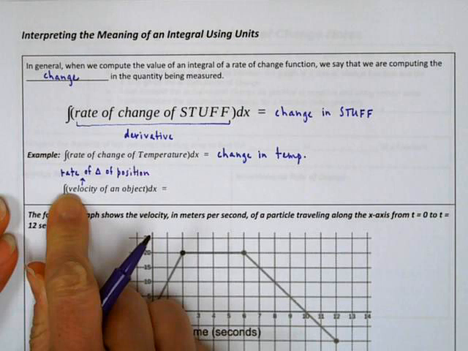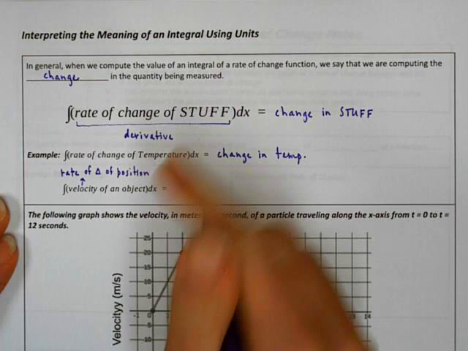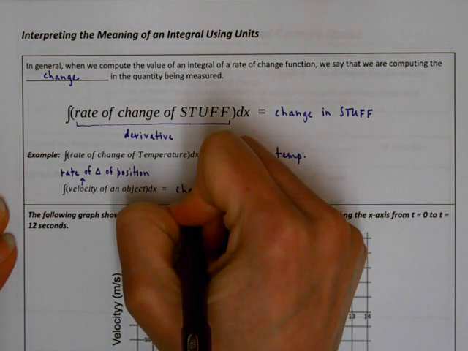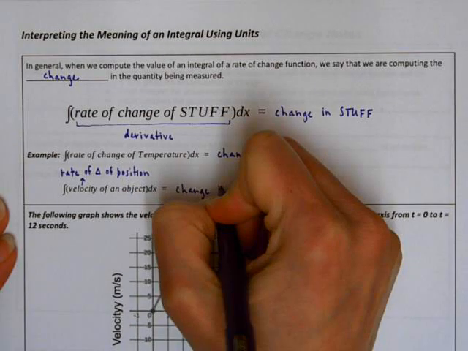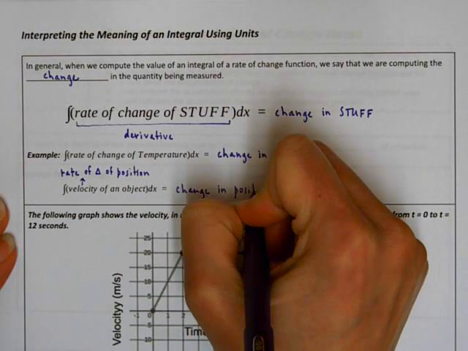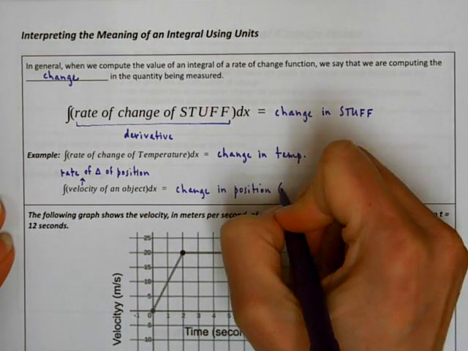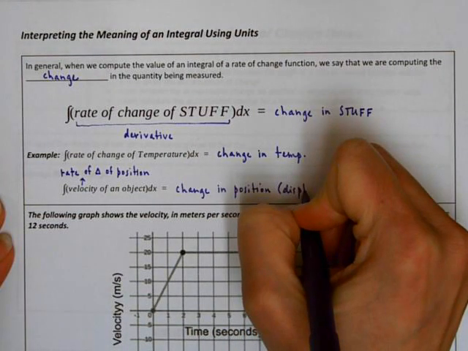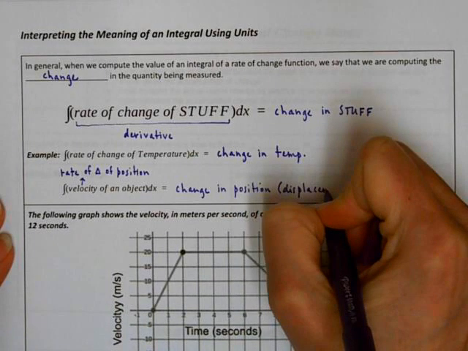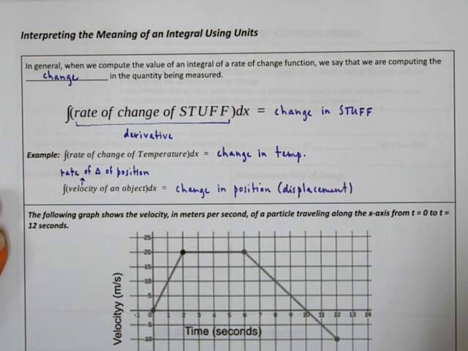So when I integrate the velocity, I'm going to get the change in position. And if you think back, we had a vocab word for this, right? That was displacement. The change in position is our displacement.